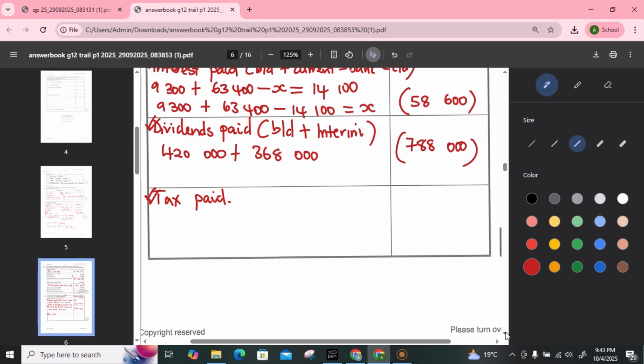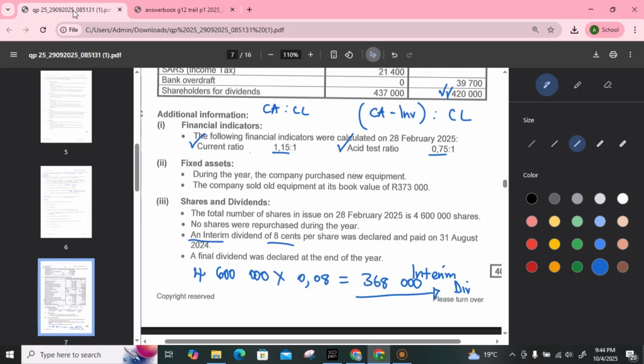On tax paid, the formula again is BD plus current minus bank is equal to CD. And the formula works with liabilities. If it happens that you have an asset, then you must use the opposite sign. Let us check SARS income tax opening balance.